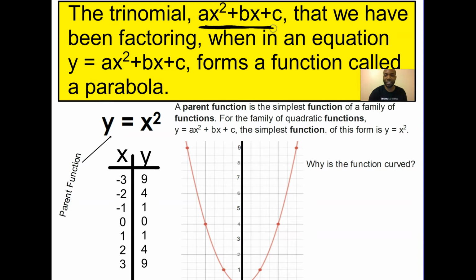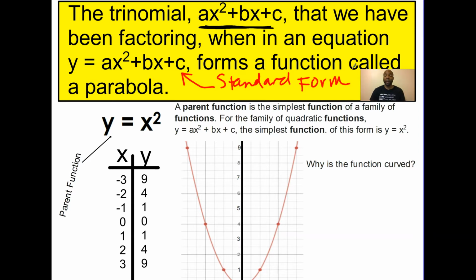That's what we've been factoring the entire time. Now it's in the form of an equation, and this is the standard form of that equation. Standard form. Now I don't think you need paper and pencil for this lesson, because I'm gonna give you the cheat sheet and you'll be fine.